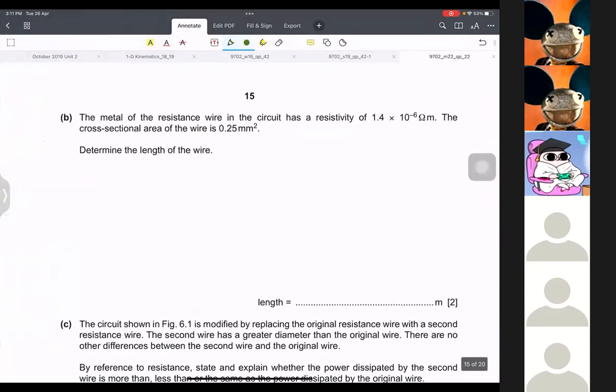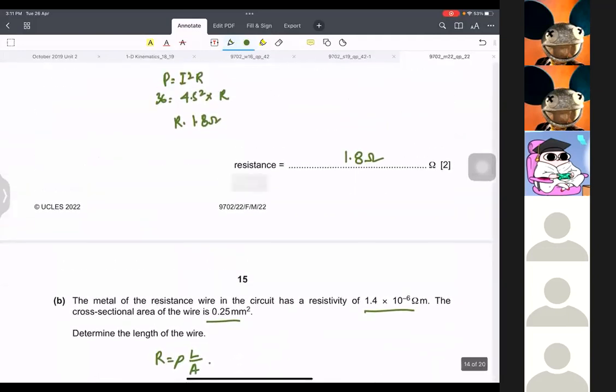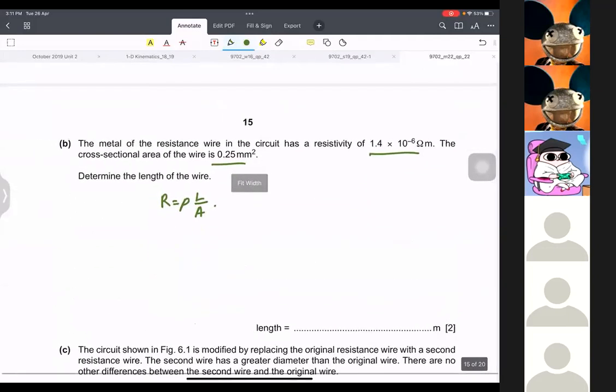Pretty straightforward. Now, the metal of the resistance wire in the circuit has a resistivity and a cross-sectional area. Determine the length of the wire. Resistance is rho L upon A. We just found the resistance, I believe, 1.8. Resistivity is given.